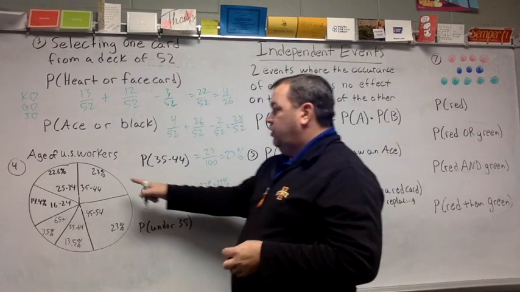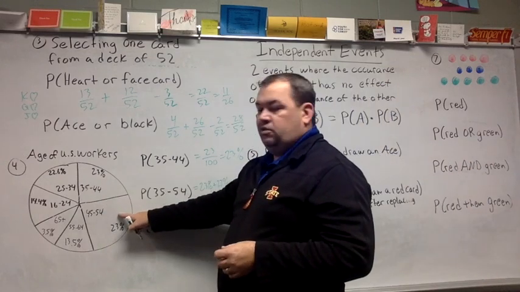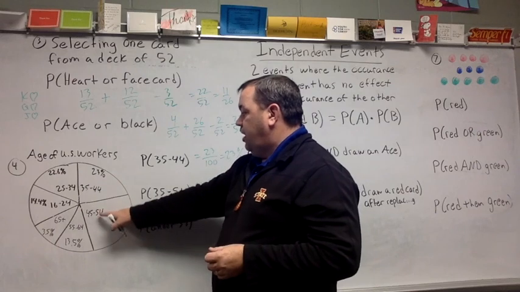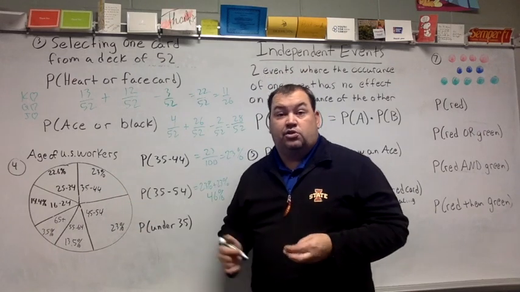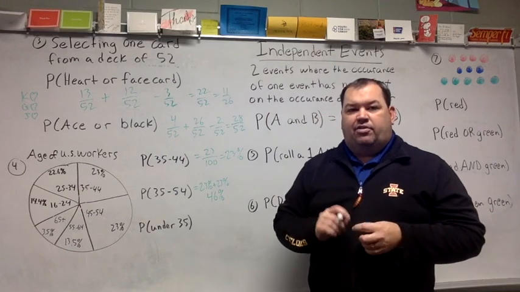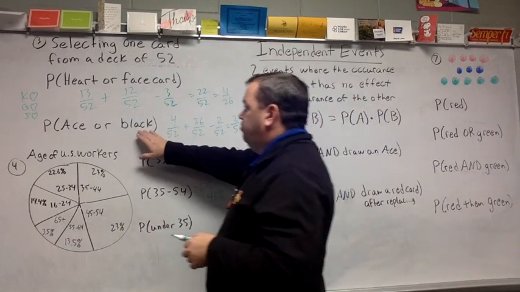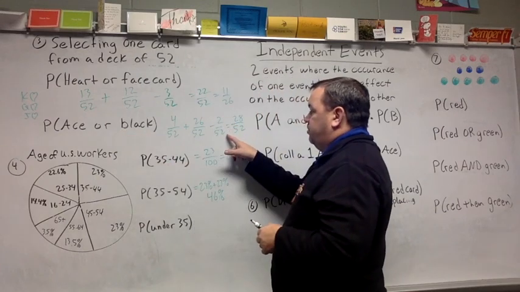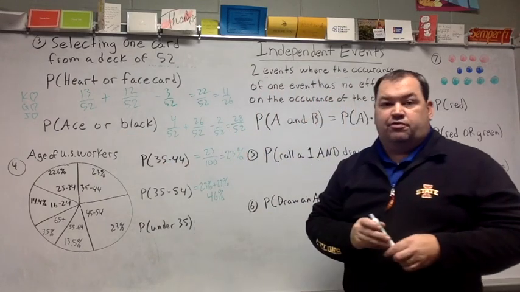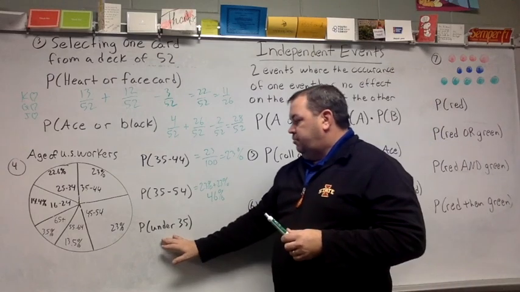Notice I can't fall into both of these categories. I can't be this age and this age. So these two are mutually exclusive. They cannot happen at the same time. Unlike our black ace, where they could happen at the same time, and I had to subtract them out, these are now mutually exclusive.